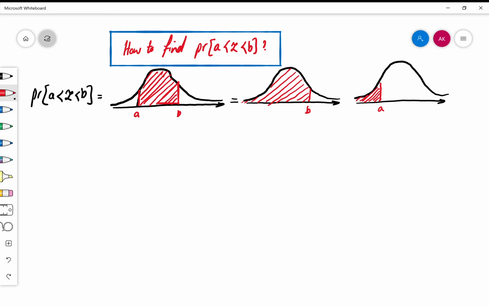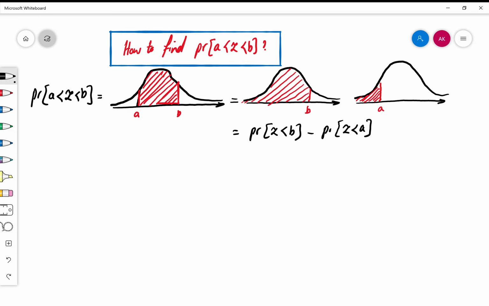Yes, so this means that we are trying to find probability of z less than b, which is very nice, minus probability of z less than a.